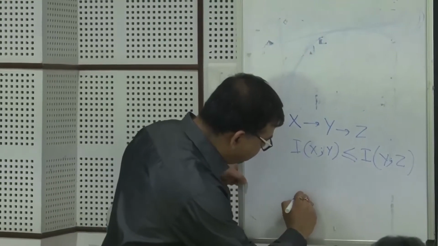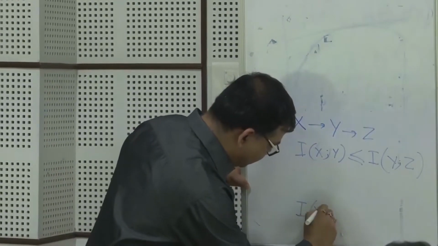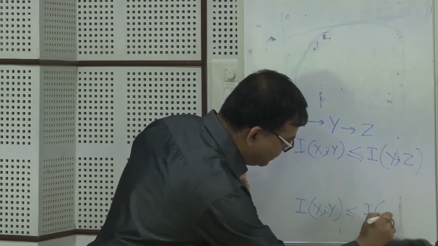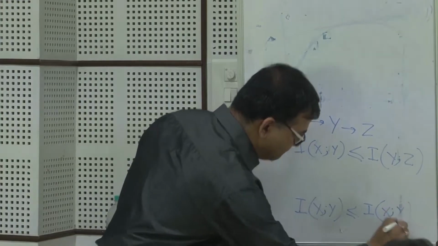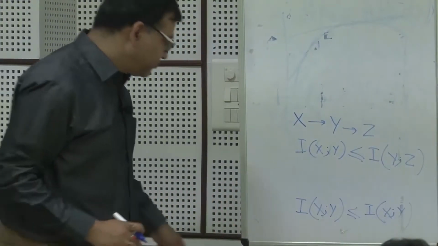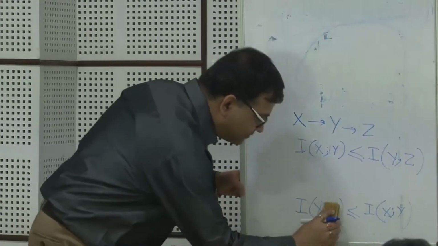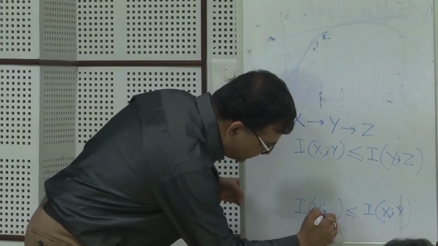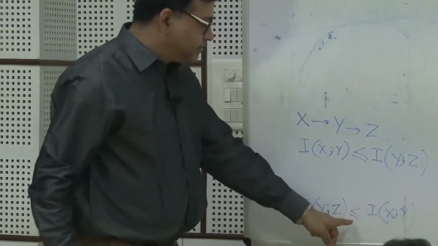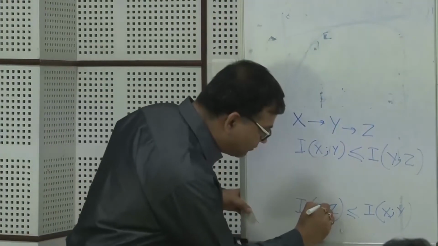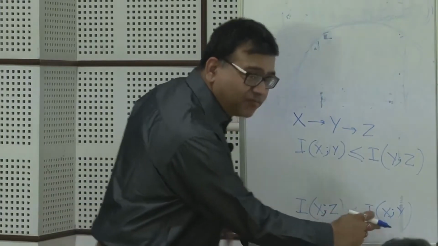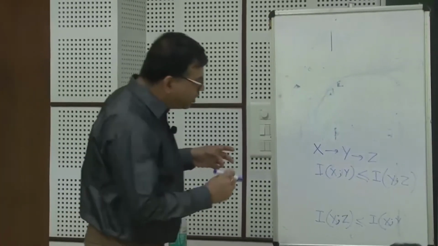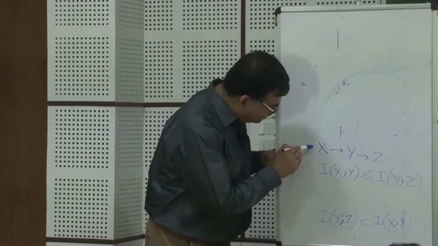I now have to show that mutual information between x and z is less than or equal to mutual information between x and y. Now, I want you to pay attention to this form.